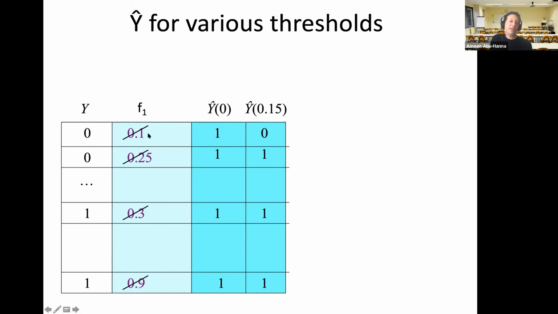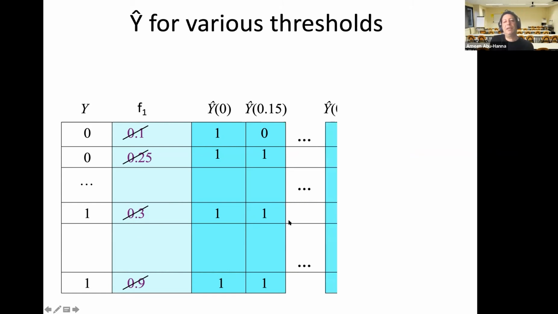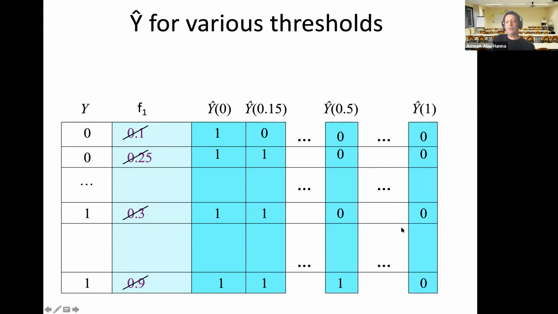I sorted the predictions from low to high. So you will see what will happen if you continue with that. The 1s will be pushed down and the 0s up, just by ordering the threshold.